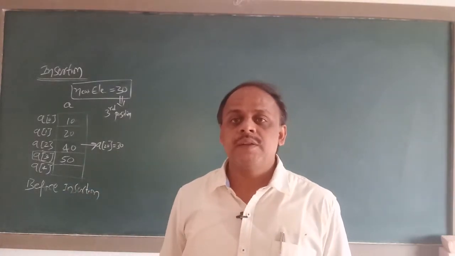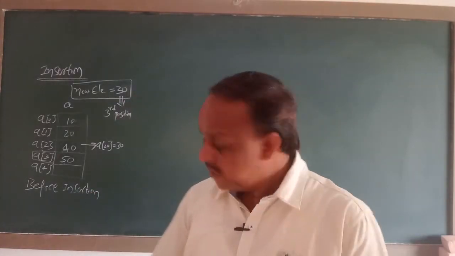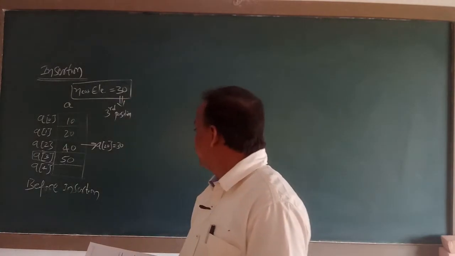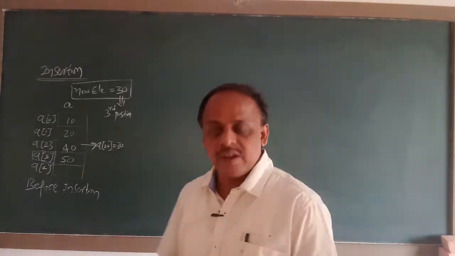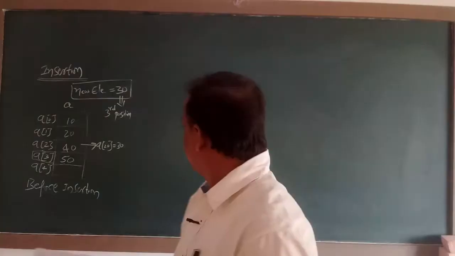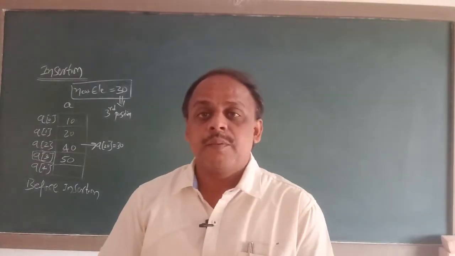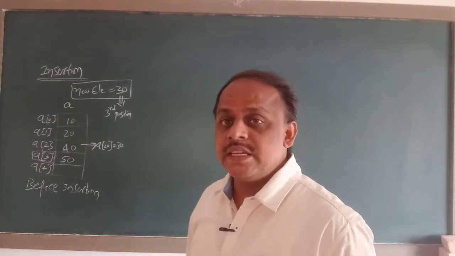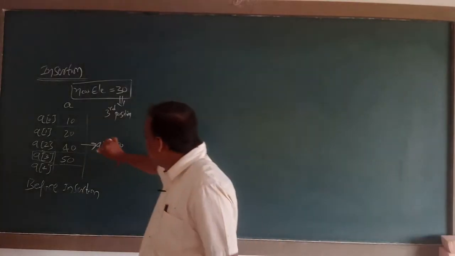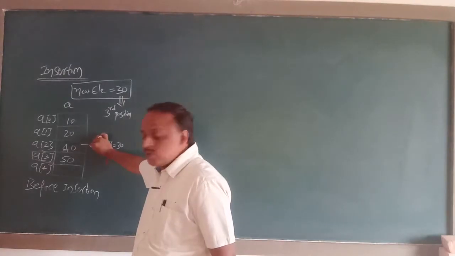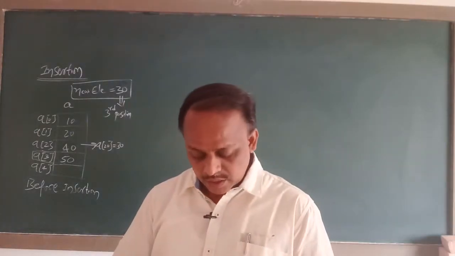How is it possible? Let A be an array with 10, 20, 40, 50, and 30 has to be placed in the third position, that is A of 2. So this is the insertion we have to perform. Insertion takes place by moving the elements from the inserted position to the last position to the higher order.